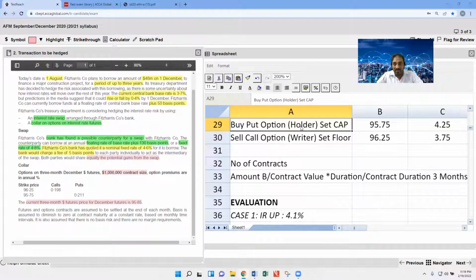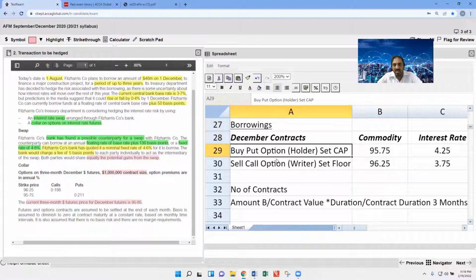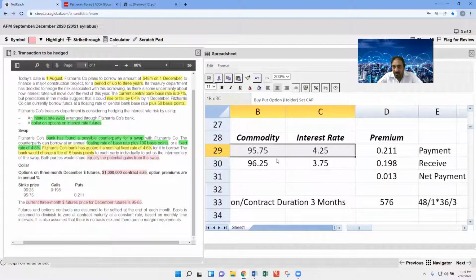the very first thing we have to consider is the important point. Interest rate up means we have to pick the put option.